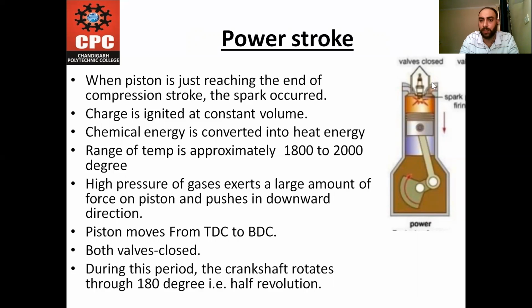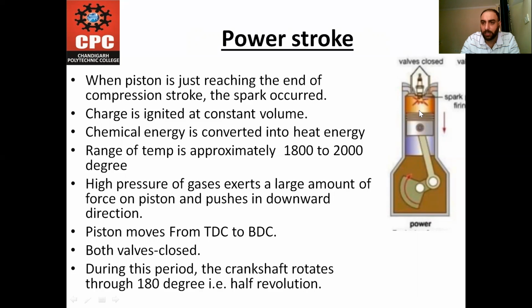When the spark is produced, the chemical energy of the fuel is converted into heat energy. A temperature of approximately 1800 to 2000 degrees is produced. So gases are produced at a temperature in the range of 1800 to 2000 degrees. These high-temperature gases exert pressure on the piston.